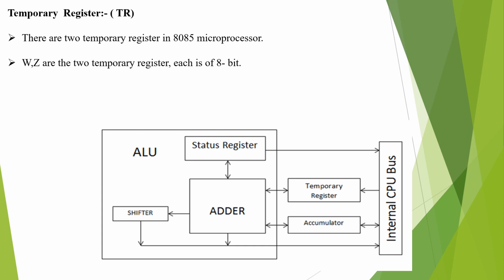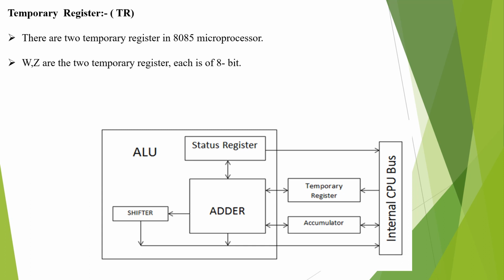First point: the accumulator and the temporary registers are closely associated with the ALU. The second point: while performing arithmetic and logical operations, one of the numbers should be stored in the accumulator, and after the operation, the final result is stored in the accumulator.